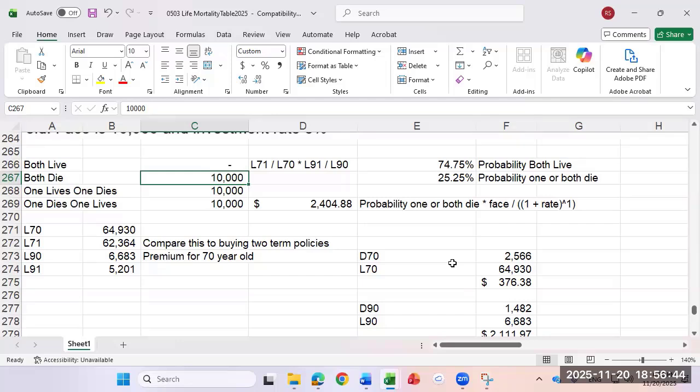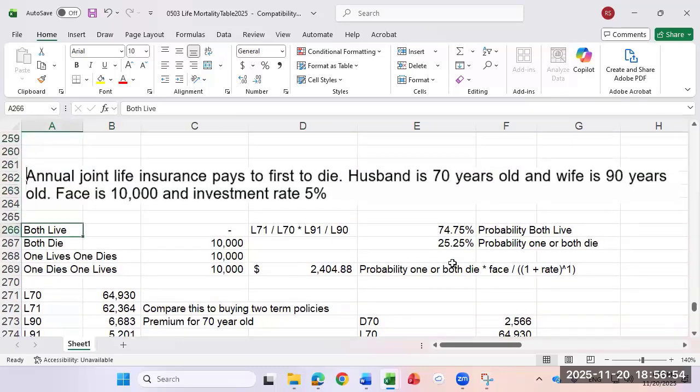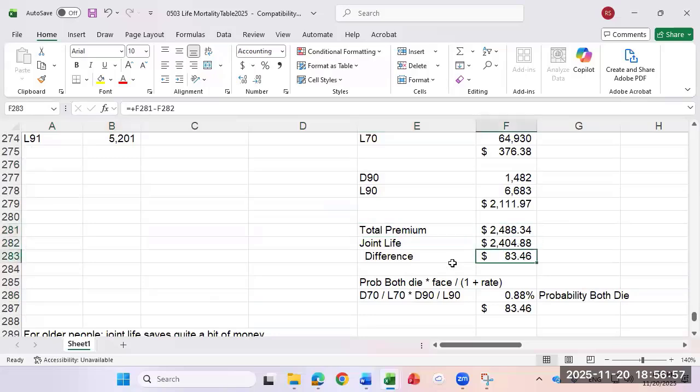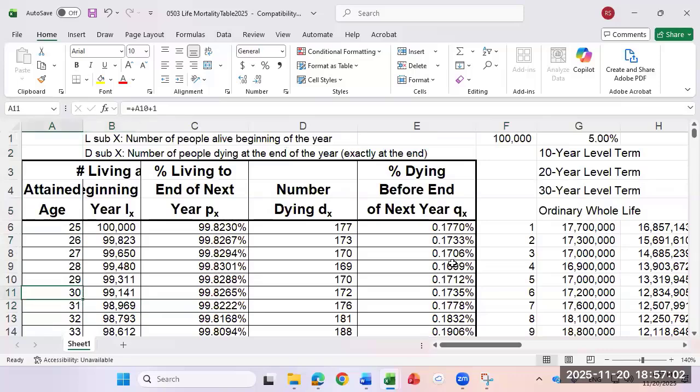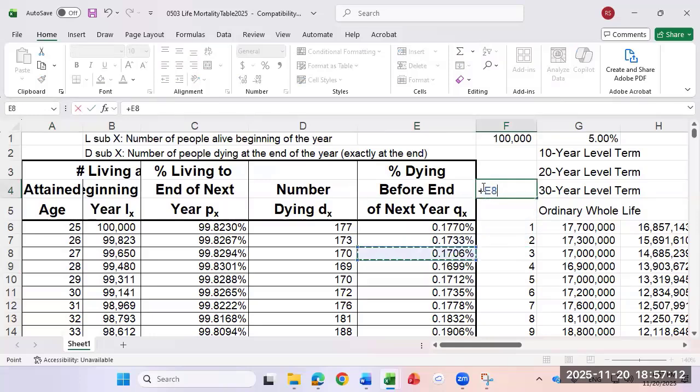For young people, I could do one for a younger person. Yeah, we'll try it maybe next class. I can show with a young person that there's almost no premium difference at all. If you look at a 25-year-old or 27-year-old, the probability they both die is essentially this times $10,000 divided by 1.05.